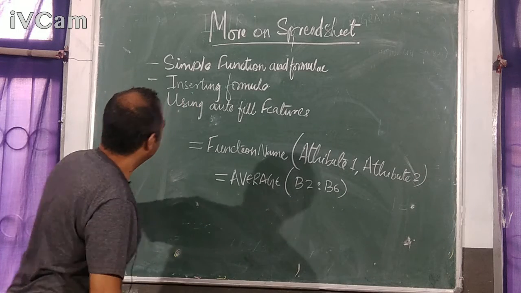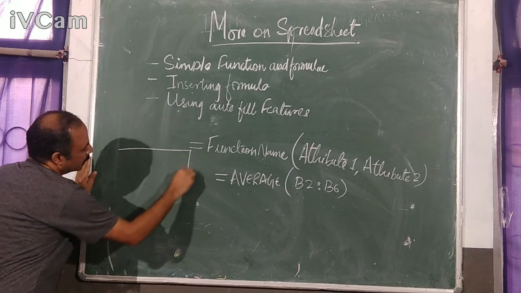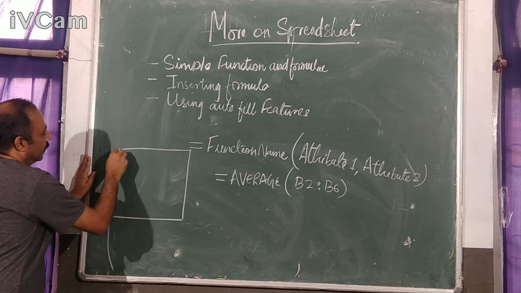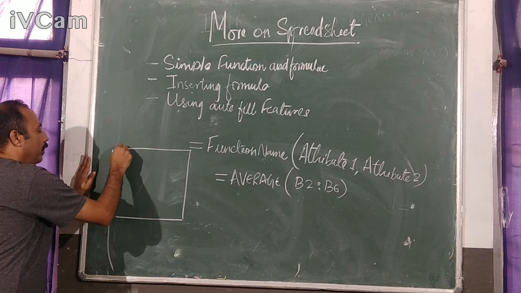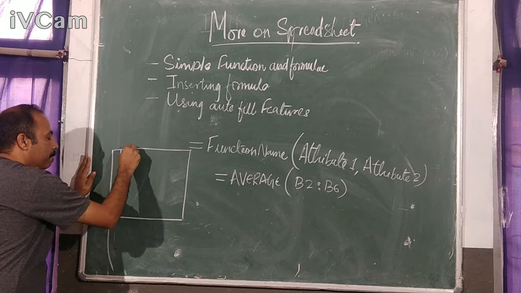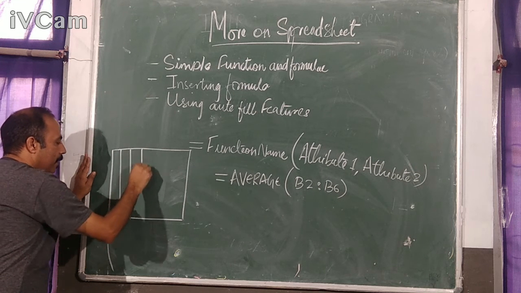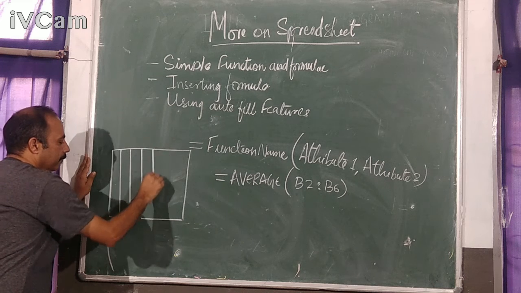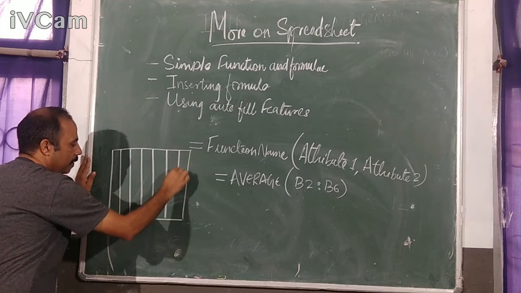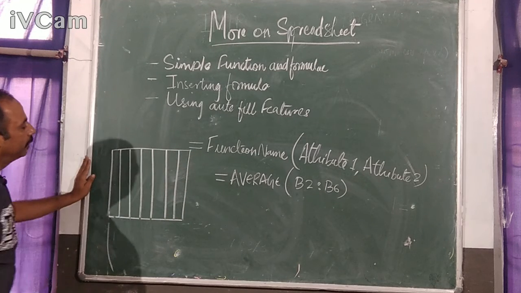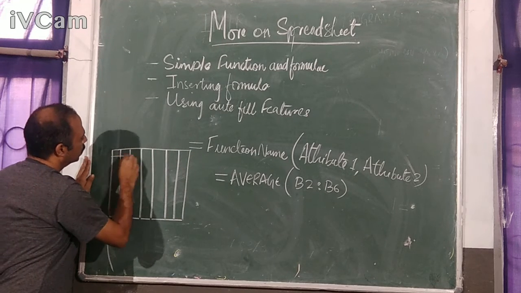I have already told you that an Excel file consists of sheets that are called worksheets. So a worksheet is made up of rows and columns, isn't it?